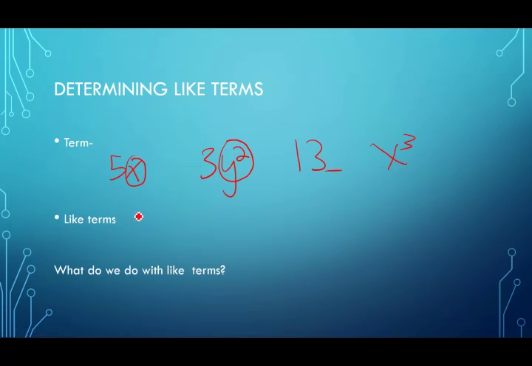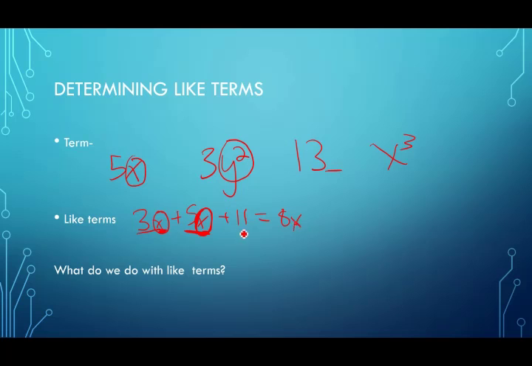So in a problem like 3x plus 5x plus 11, like we did, we knew 3x and 5x were like terms because they only had the x tied to it. So you're only allowed to add when you have the same term. So our term here is x, our term here is x, so we can add it and it will be 8x.